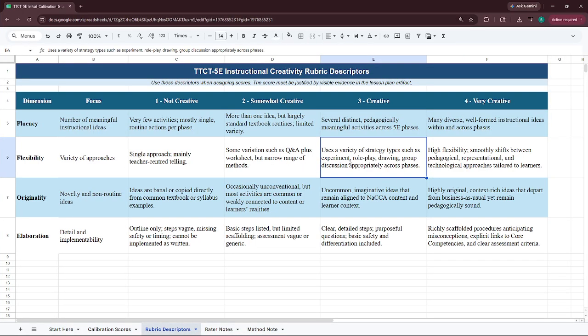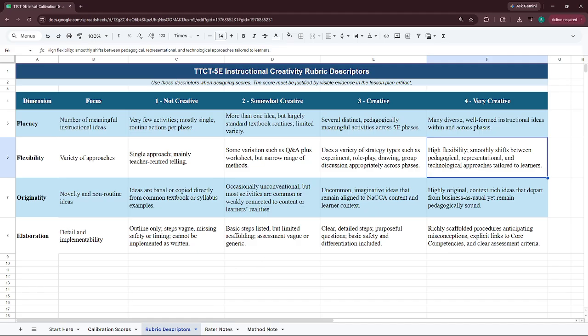And then this one uses variety of strategy types such as experiment, role play, drawing, group discussion, appropriately across the phases. Then the fourth one is highly flexible or shows high flexibility when the instructional approach is smoothly switched between the pedagogical representation, application of technology, and several other approaches, right?